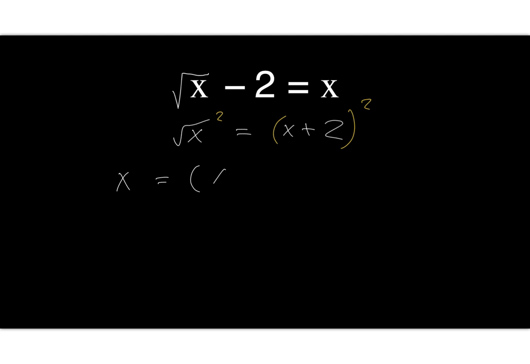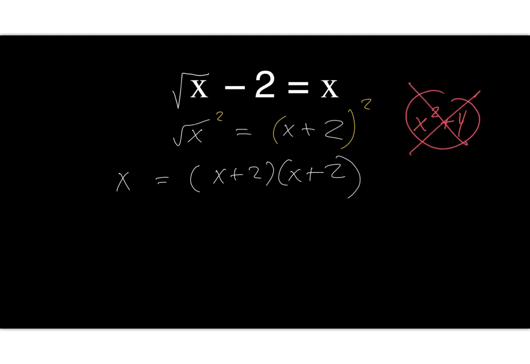On the right I have x plus 2 times x plus 2. Squaring means times itself. Do you need to separate it out like that? Yes. If you don't, people make bad mistakes. The bad mistake is they say, well, that's x squared plus 4, which it is not.